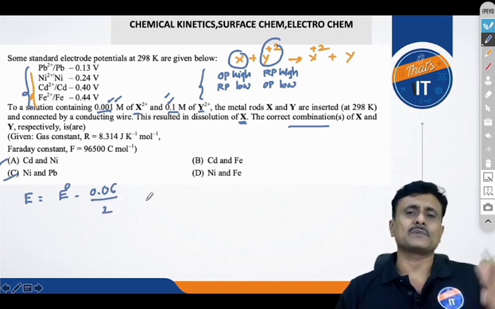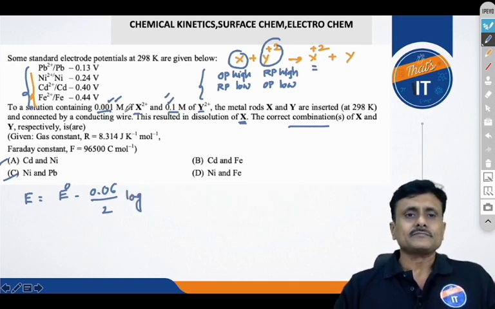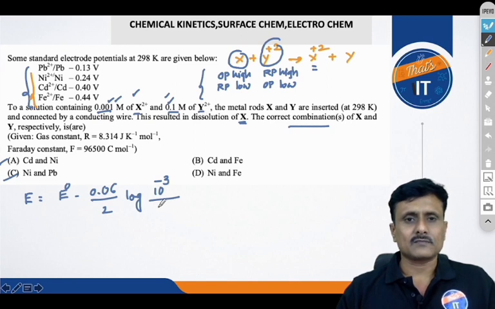For any species it appears to be 2 log of concentration of X plus 2, that is 10 to the power minus 3, divided by concentration of Y plus 2, which is 0.1.